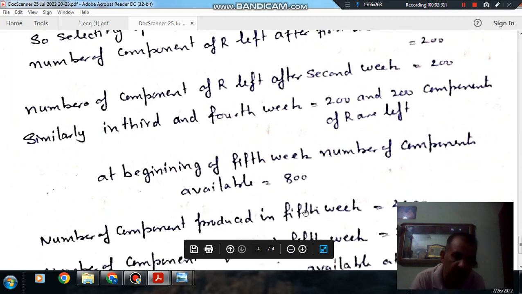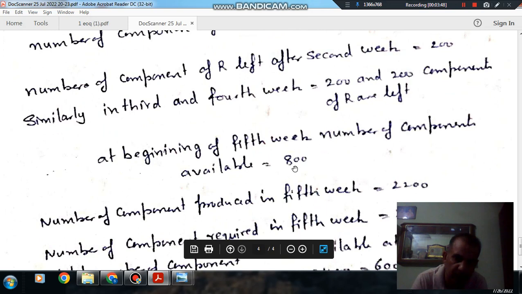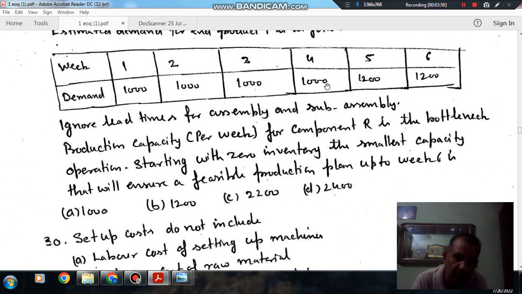Now we are producing the same number of components in all 6 weeks, so the number of components produced in the fifth week is 2200. The number of P required is 1200, so R required is 2400.